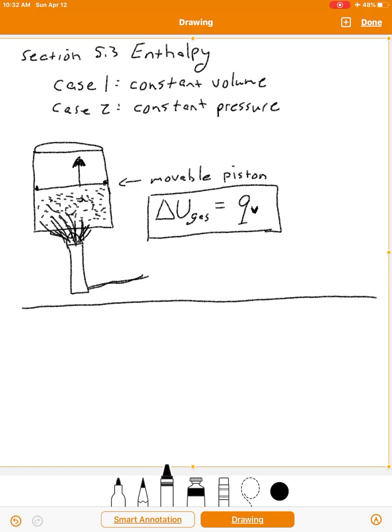Now, let's look at case two. Case two is constant pressure. Okay? Now, for the constant pressure, what we're going to do is we're going to take this cylinder and we'll put the piston right there, and we have the gas.